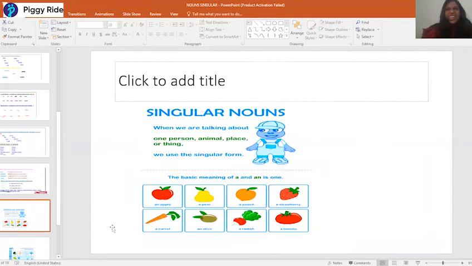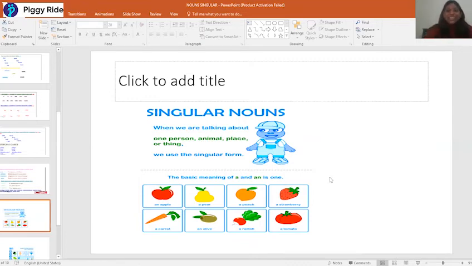Again, let me give you a quick recapitulation of singular nouns. When we are talking about one person, animal, place, or thing, we use the singular form. So the basic meaning of a and an is one. We need to remember that the basic meaning of a and an is one. Okay.